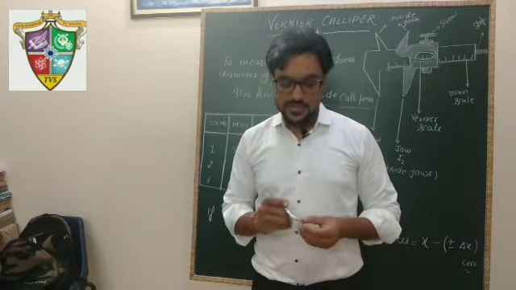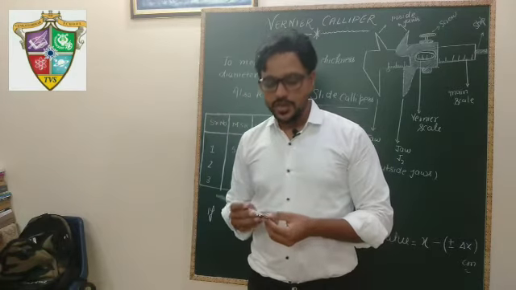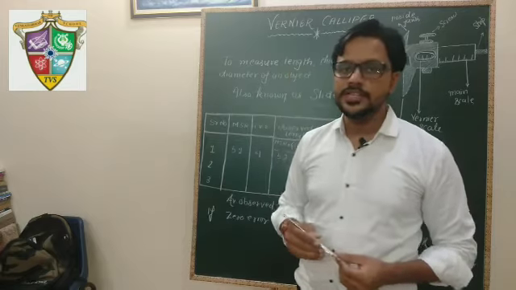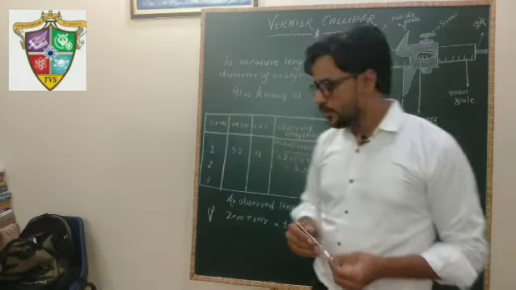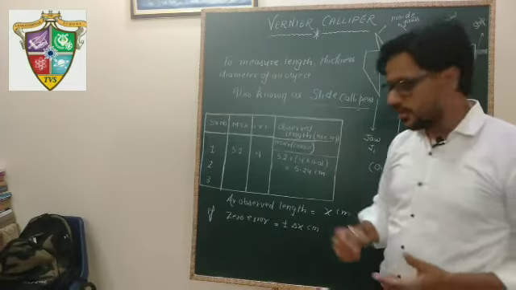If the vernier scale is to the right, then it has positive zero error, and if the vernier scale is to the left of the main scale 0, then it has negative zero error. So any zero error may be there in the case of a vernier caliper.